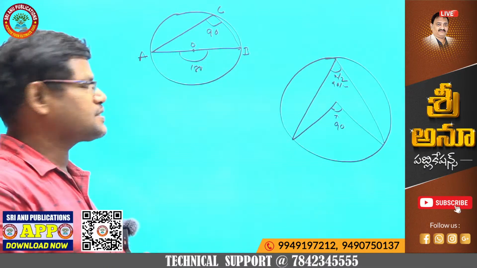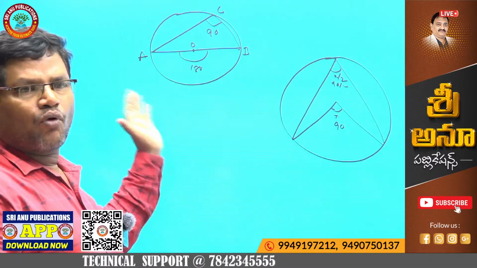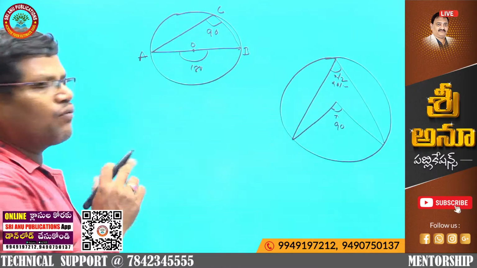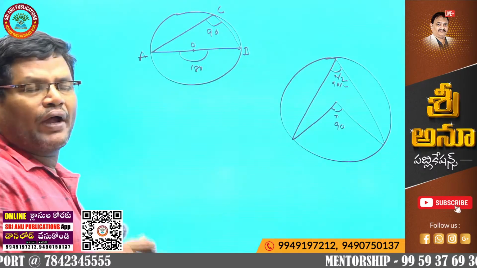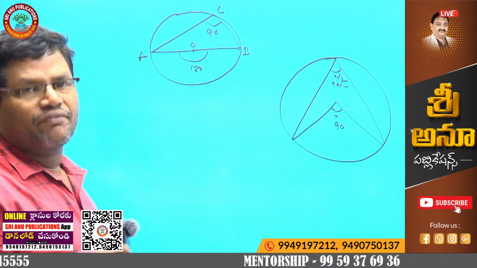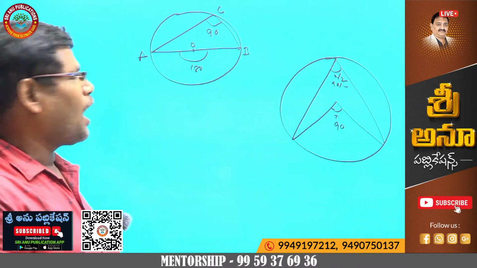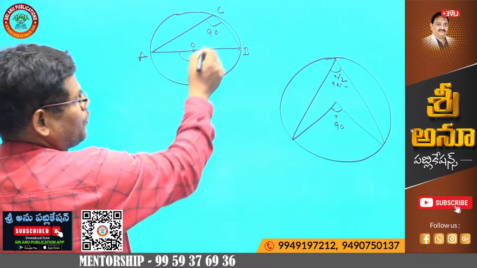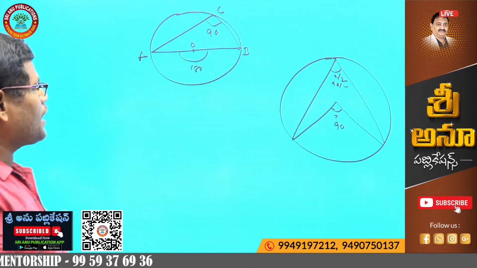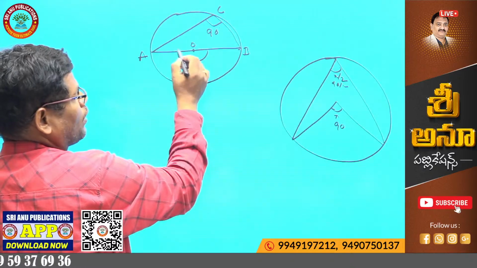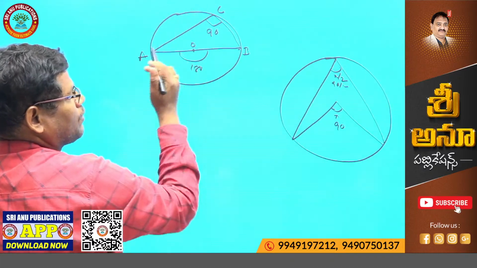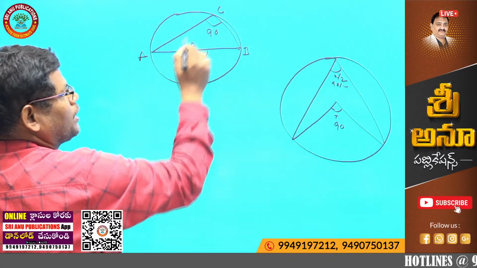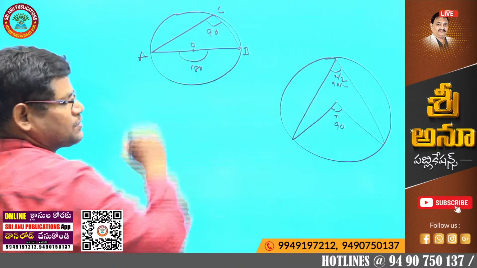OA is one ray and OB is one ray, and O is the vertex. At the vertex we are taking an angle. So the total angle is 180, and half of that will be how much?